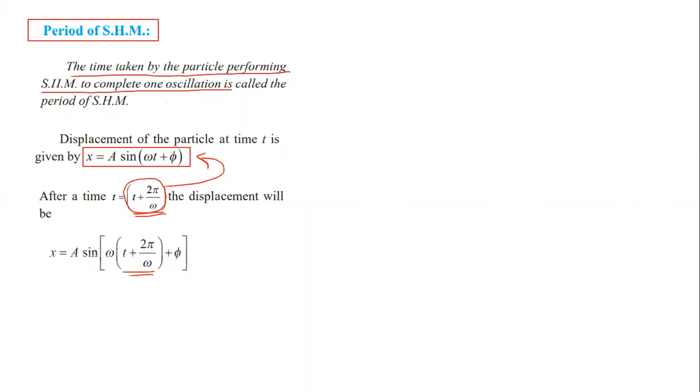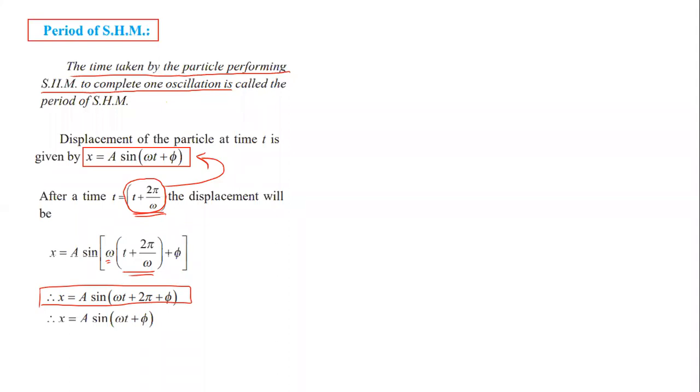So we substitute only the value of t and then we have to simplify this. After the simplification, so let me multiply this omega to the inner terms of the bracket. So we get omega t plus omega gets cancelled, we get 2 pi and this phi as it is. So we get this formula of x. Now here if you see this formula very carefully, here 2 pi is coming.